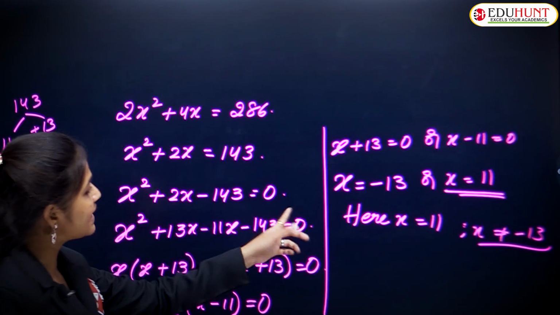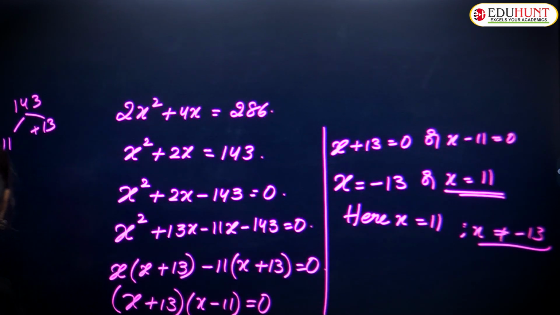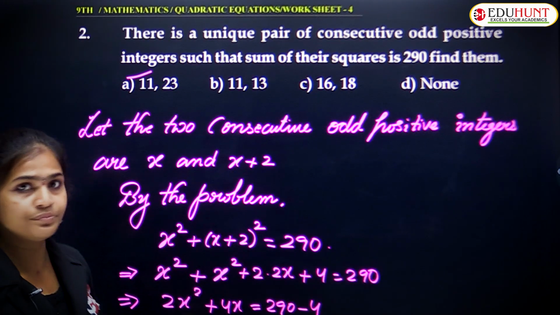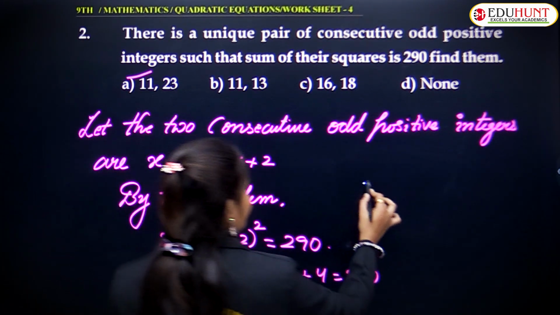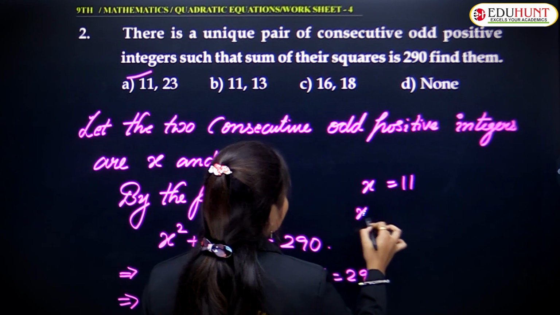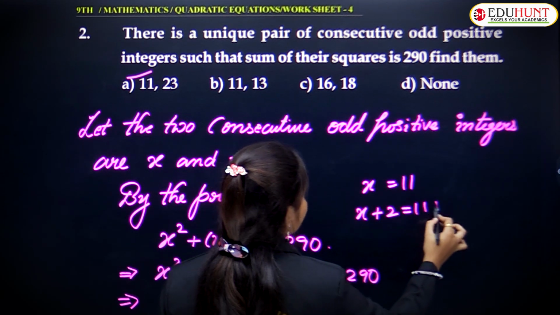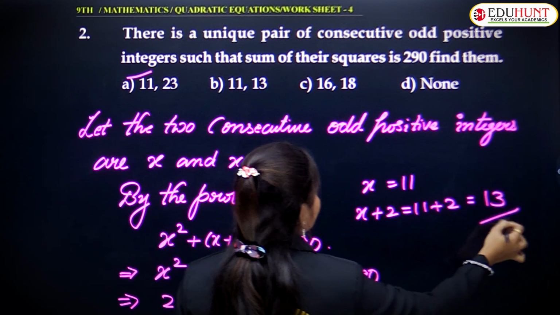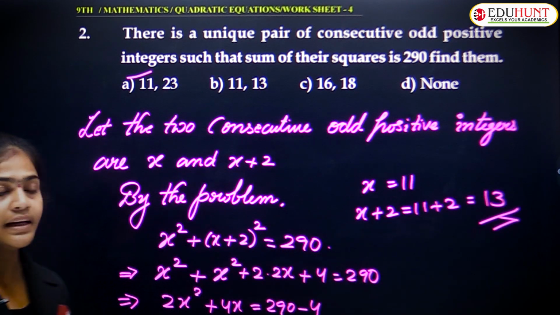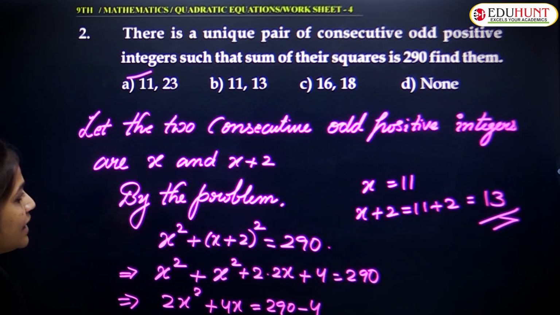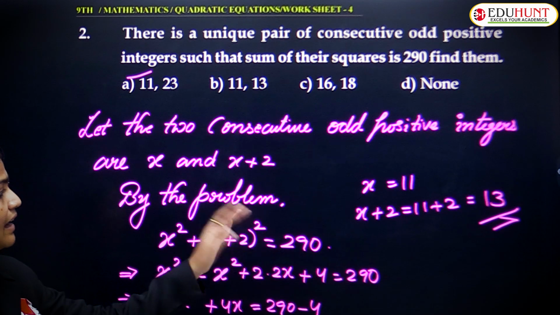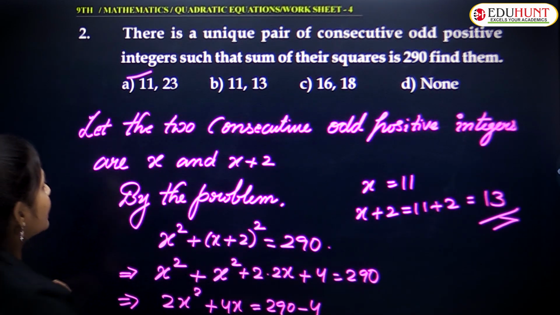Now we have to find x plus 2 also. We got x is equal to 11, so x plus 2 is equal to 11 plus 2, which is 13. So the numbers are 11 and 13.